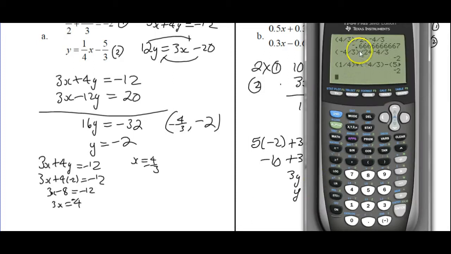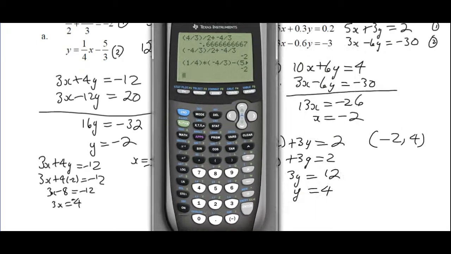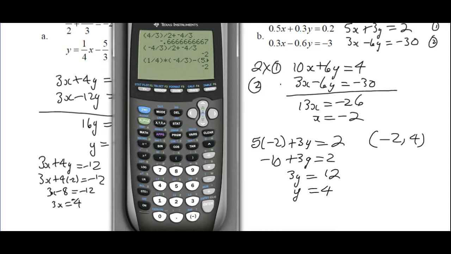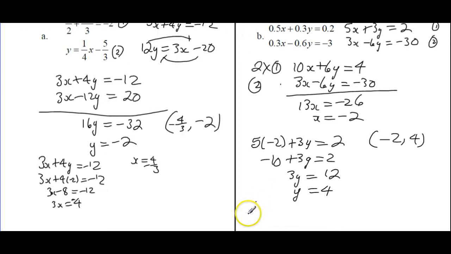And to check that, let's just drag over. 0.5 times negative 2 plus 0.3 times 4, so that should equal 0.2. 0.3 times negative 2 minus 0.6 times 4, and that should equal negative 3, and it does, so there's my check, right?